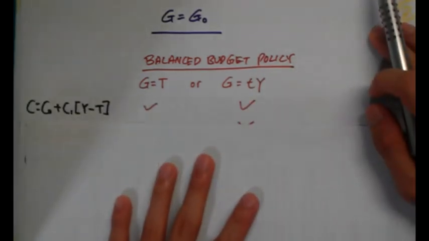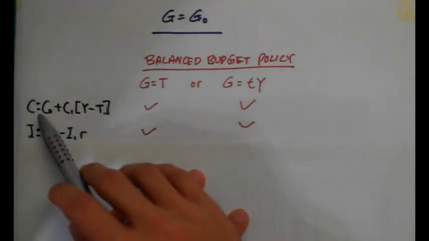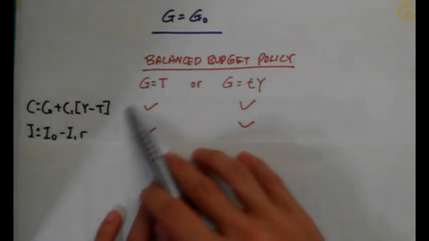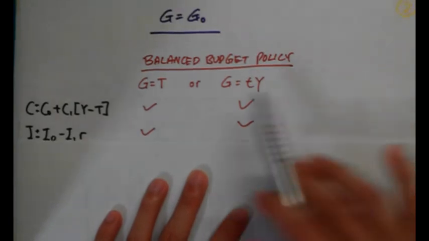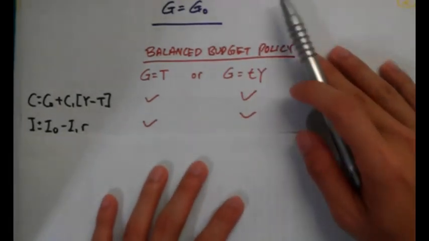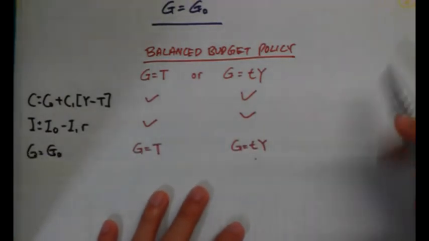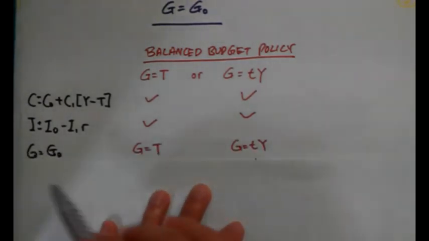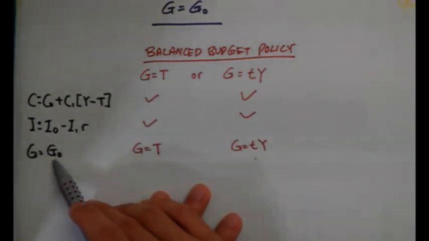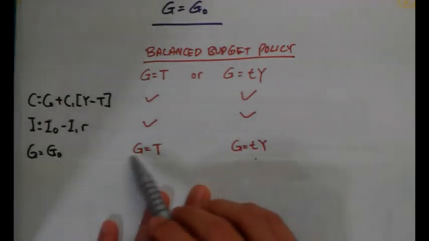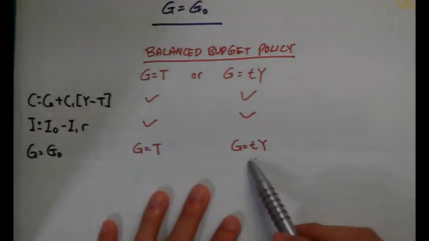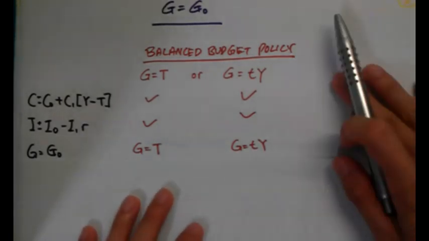Now, looking at all these C and I functions, does anything change in my equation whenever there is a balanced budget policy? No. But in a case where there's a balanced budget policy, my G changes. Instead of G naught, it's going to change to G equals T. This is the case for a proportional tax.